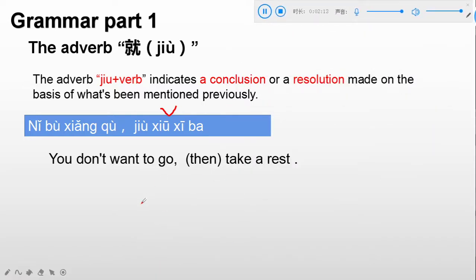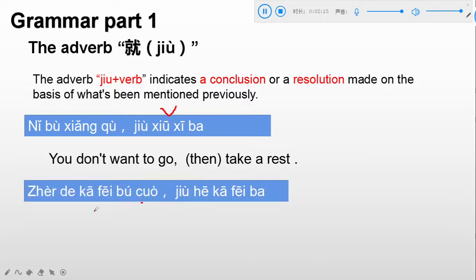Example 2. 这儿的咖啡不错，就喝咖啡吧。这儿 is here. 咖啡 is coffee.